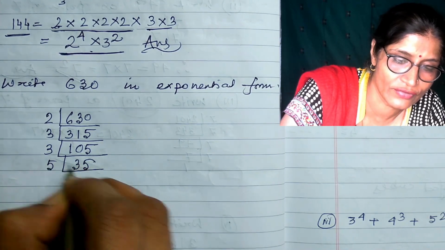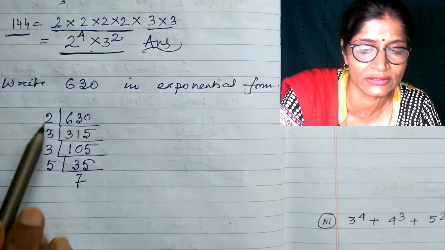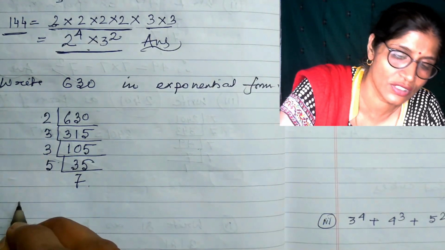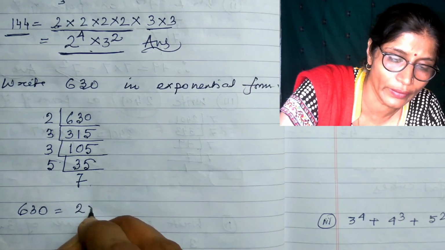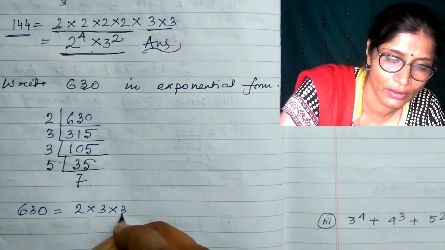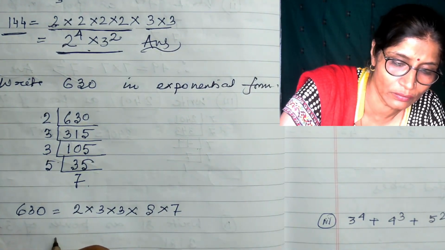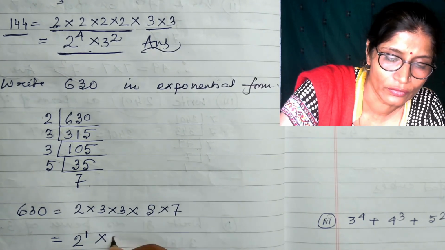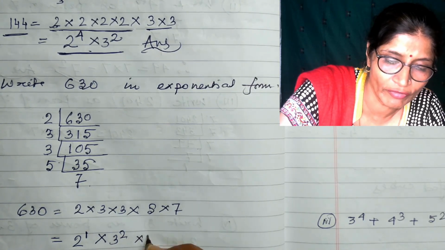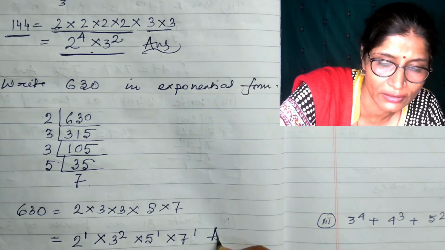Then 5 3s are 15. Then 7. So what you observe, only 3 is appearing 2 times while others are only 1 time. So 630 is equal to 2 into 3 into 3 into 5 into 7. So that is equal to 2 to the power 1 into 3 to the power 2 into 5 to the power 1 into 7 to the power 1 is your answer.